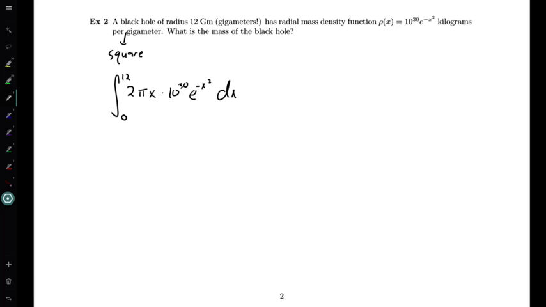Great, so factoring out our constants, and I'm going to leave the 2 in there for the moment because it's going to make it a little simpler: 10 to the 30 times pi, integrate from 0 to 12, 2x e to the minus x squared dx.